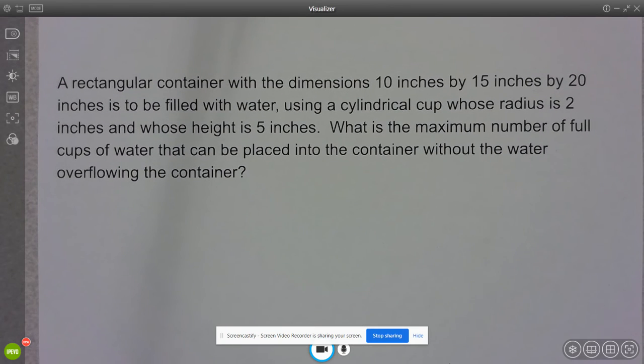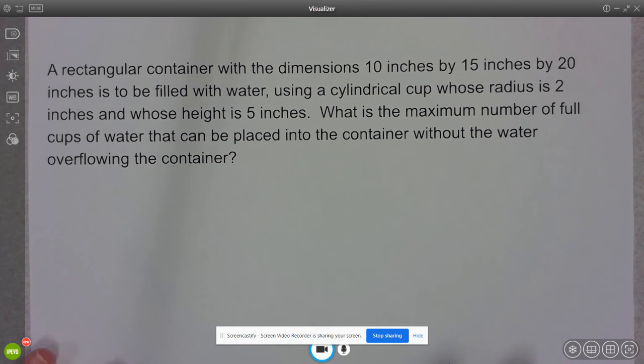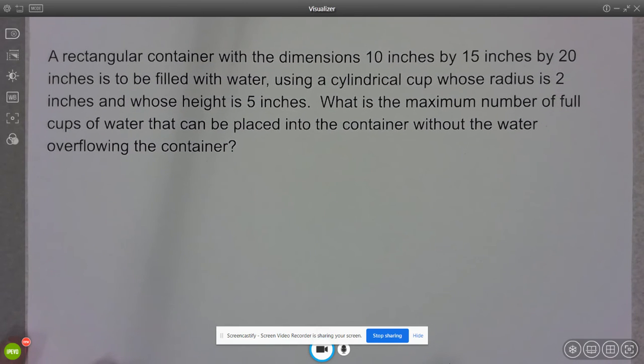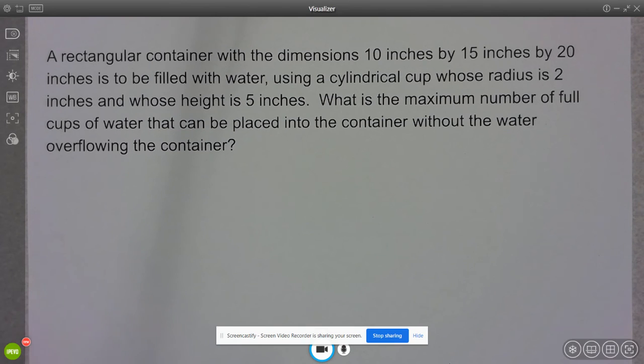All right. Now we have a rectangular container that's going to get filled with cups of water. And we have to figure out the maximum number of cups that we could put into the container without it overflowing.